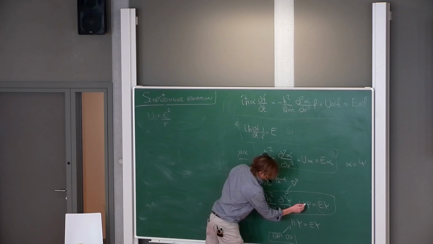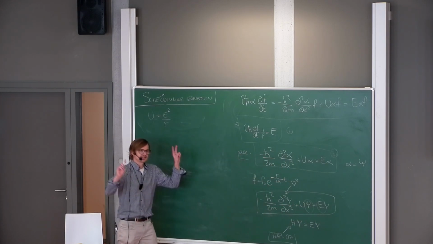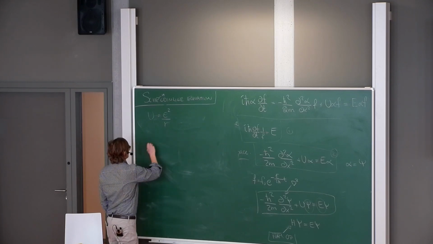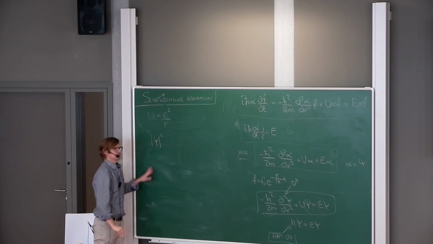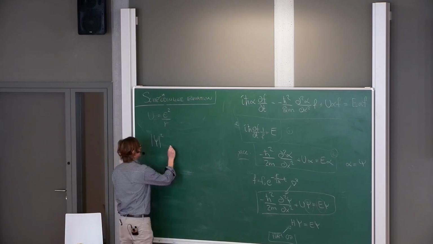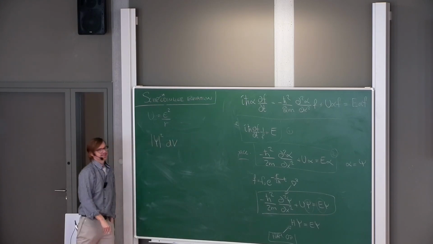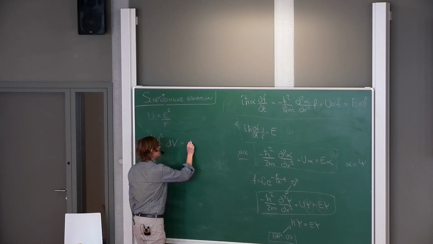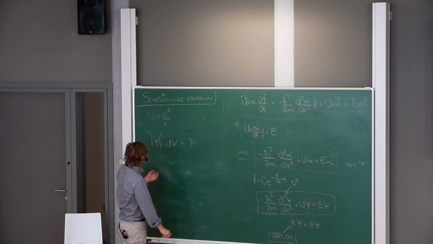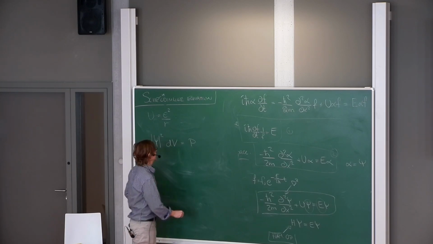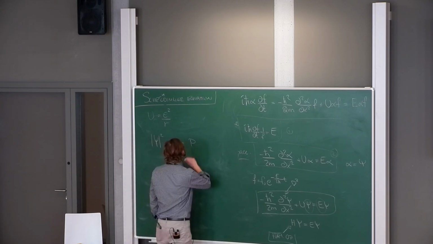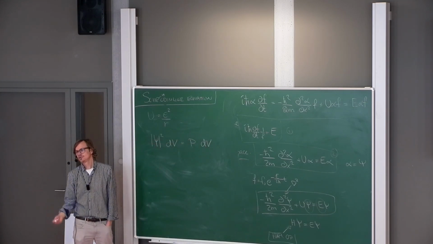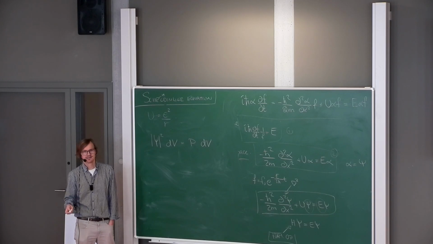Now, the interpretation of this phi function, the wave function, is that the amplitude squared, which normally is a complex amplitude, times some volume dV, is equal to the probability of finding the particle within that differential volume element dV.